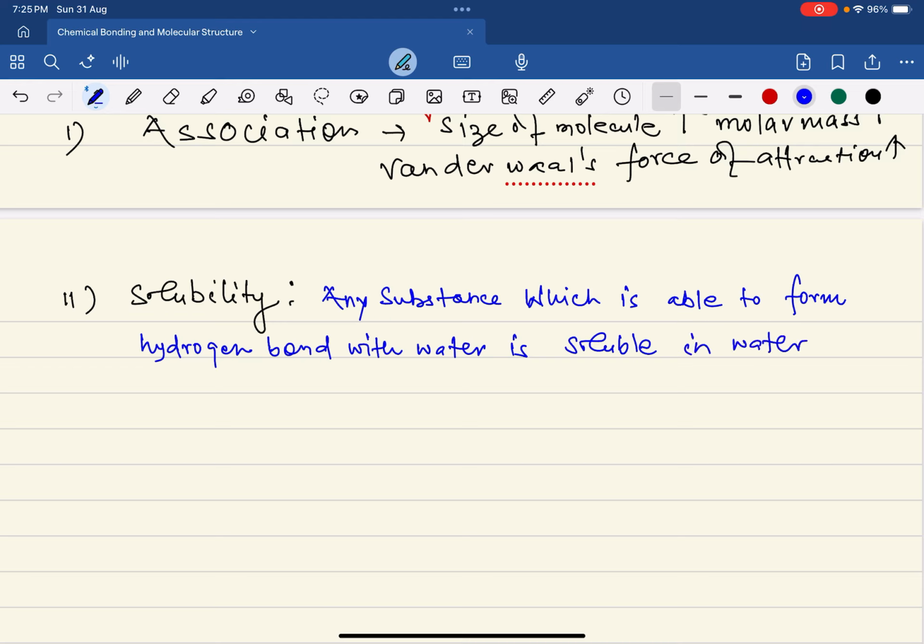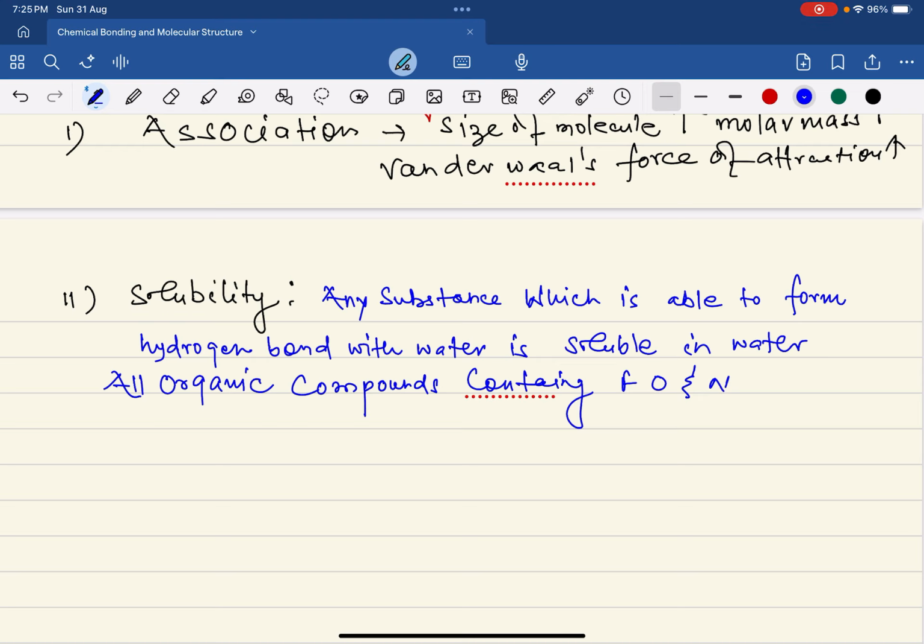So, solubility means the molecule dissolves in water. We know that all organic compounds containing fluorine, oxygen and nitrogen dissolve in water because they are able to form hydrogen bonding with water in intermolecular form.